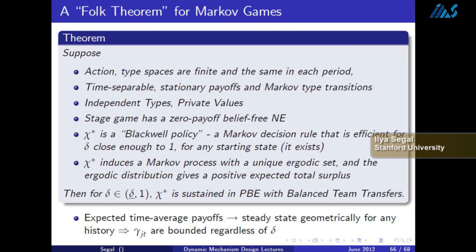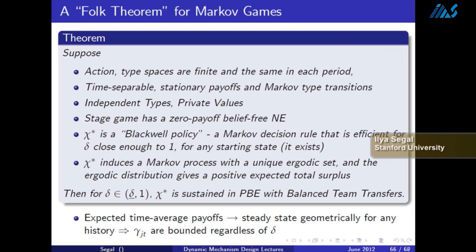So there will be an interval of discount factors between some delta hat and 1, so that on this whole interval it is optimal. And actually, it's not surprising because, in some sense, the set of policies is finite. And because it's finite, there will be some interval on which a given policy is optimal. So that's called the Blackwell policy. So it's the optimal policy if you're sufficiently patient. Okay, so there's a theorem that says it always exists. So we call it chi star.